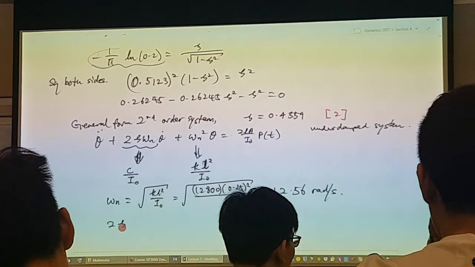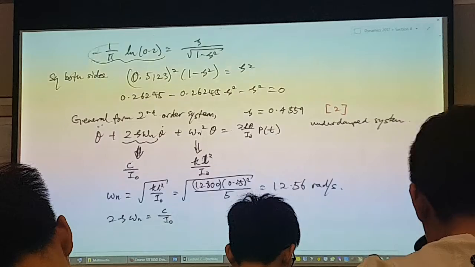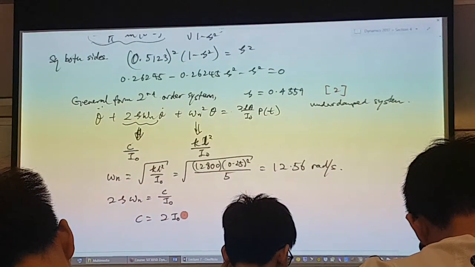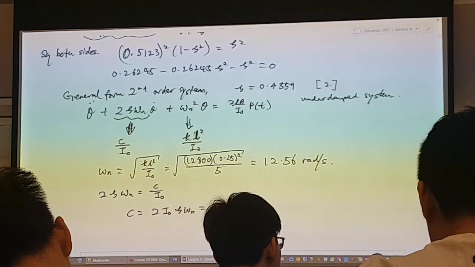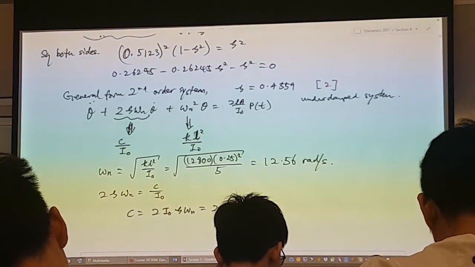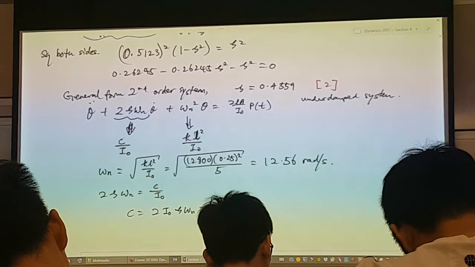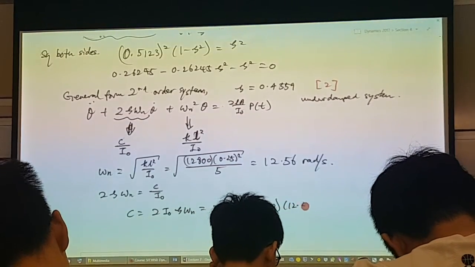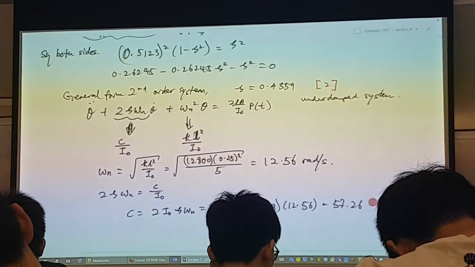So since 2 zeta omega n is equal to C over I naught, so C is equal to 2 I naught zeta omega n. So do the calculation. This is 2, this is 5, zeta is what we solved already, 0.4559 and 12.56. So that's 57.26.